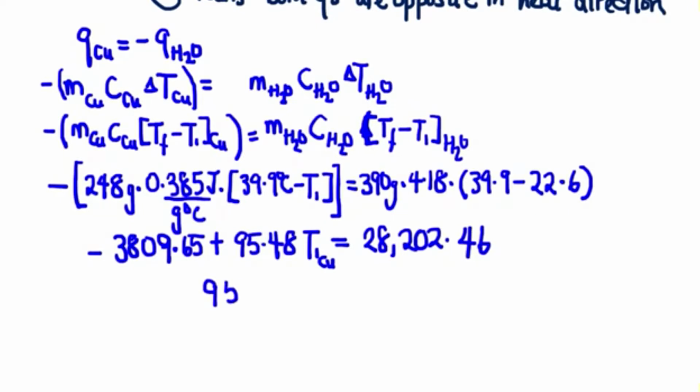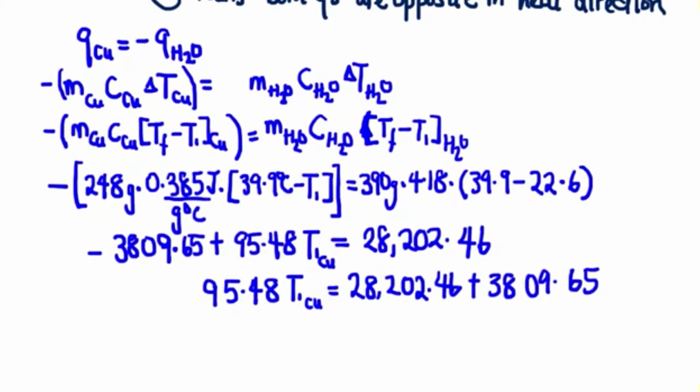When you move the 3,809.65 to the other side of the equation, we get the sum on the right side, which results in 32,012.11.